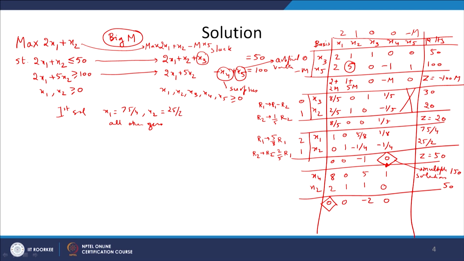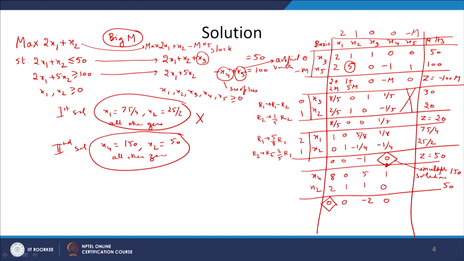And in the next iteration we got the second solution, as x4 is equal to 150 and x2 is equal to 50, all other 0. So, if I call this first solution capital X, and this solution Y, then the multiple solution tells us all convex linear combinations of X and Y should also be solutions to the given problem.